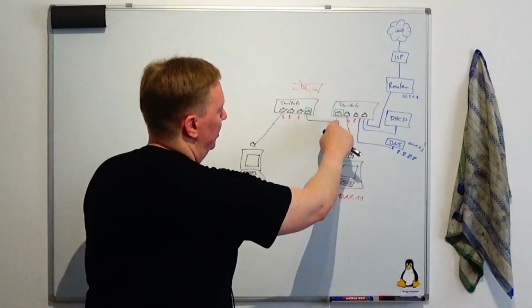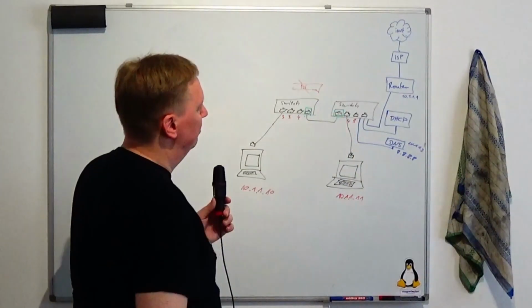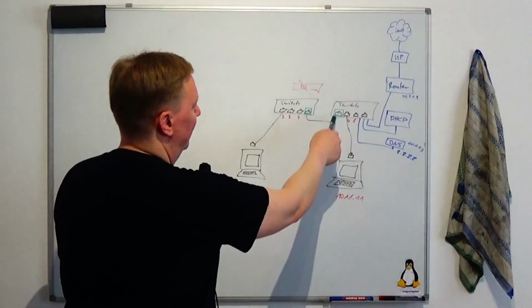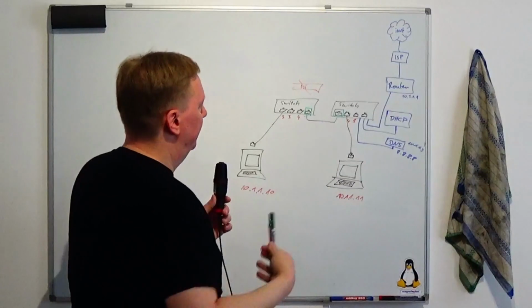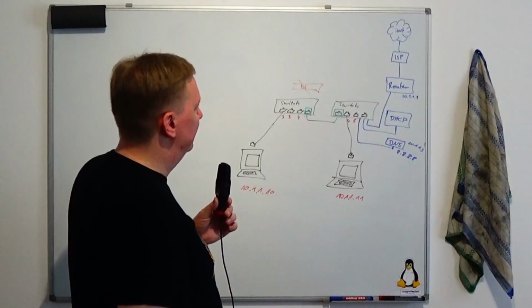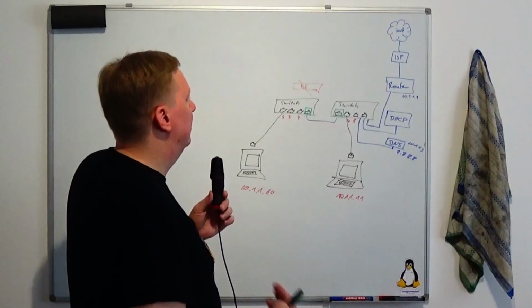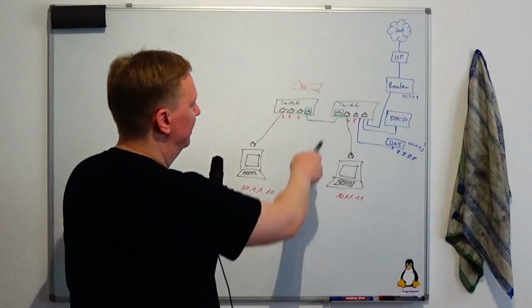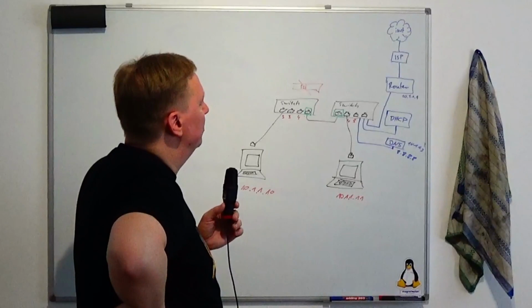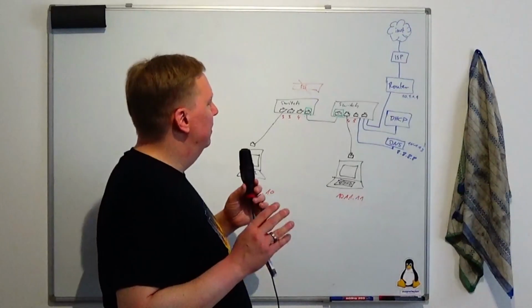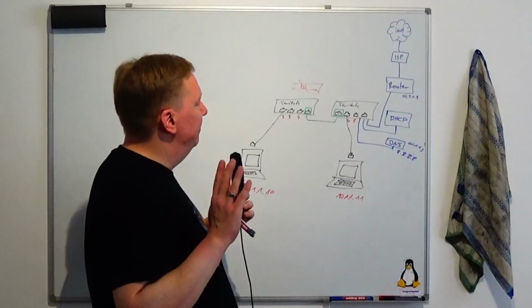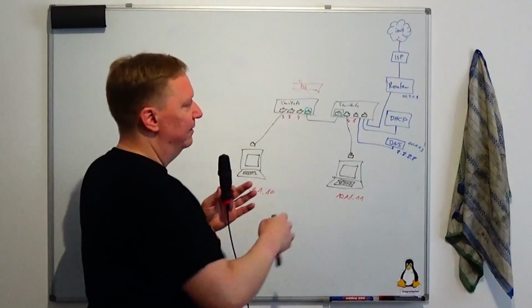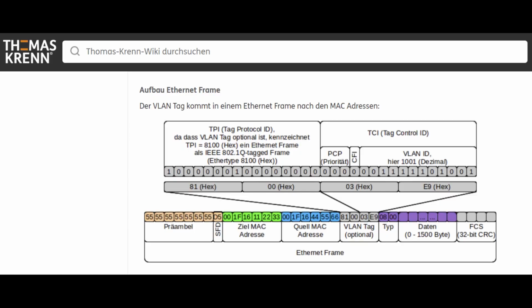And on this switch, you would say this is a trunking port because this is another switch that the data is coming from. So I can allow these VLAN tags coming from this port. Okay. But keep in mind that this VLAN tag is still a regular Ethernet frame. Okay, so the VLAN tag is just one specific offset in there.